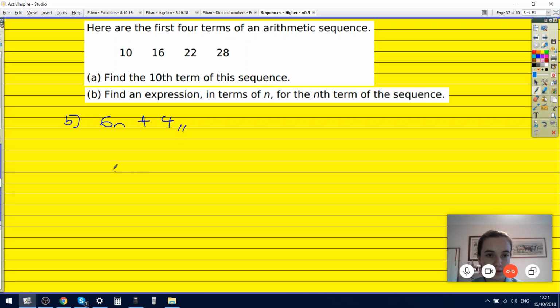So then if we do 6 times 10 plus 4 is 64. Well done. And so that is definitely the correct order. So I don't know why they put it as A and B. I think some students who don't know part B at least can find the long way of doing part A. But your way, I think, is the best way. Find the nth term first and then just sub it in.